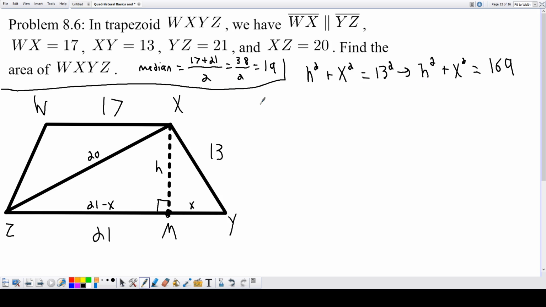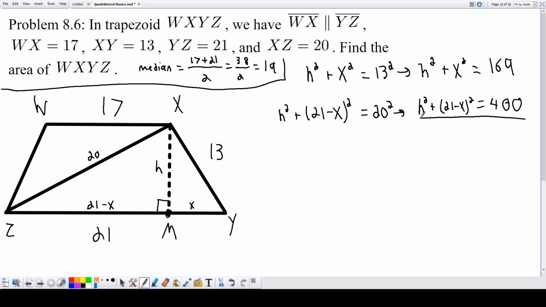Now I can make another one using the triangle XMZ, where we have h squared plus (21 minus x) squared equals 20 squared. That means that h squared plus (21 minus x) squared is equal to 400.